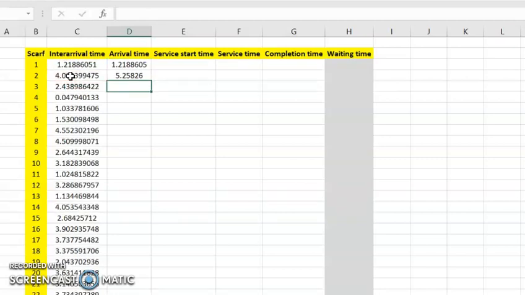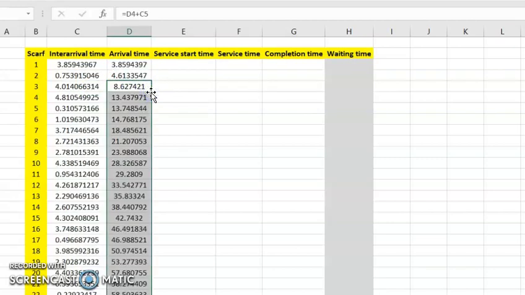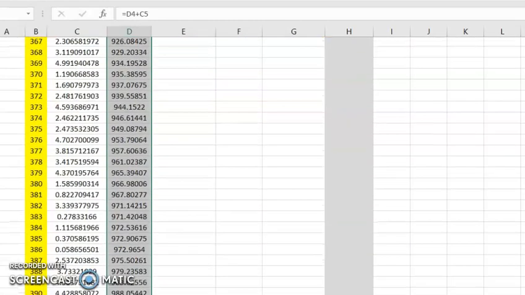Arrival time of scarf 3 equals arrival time of scarf 2 plus inter-arrival of 3. And so we get this. And now we just need to populate this, and now you see we have it for 1000.